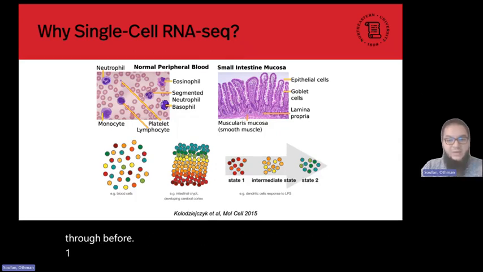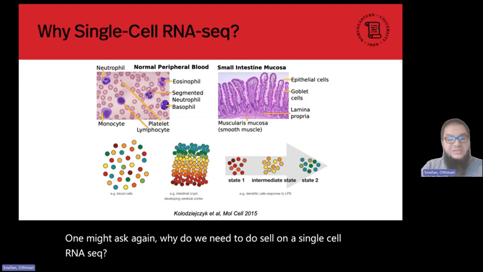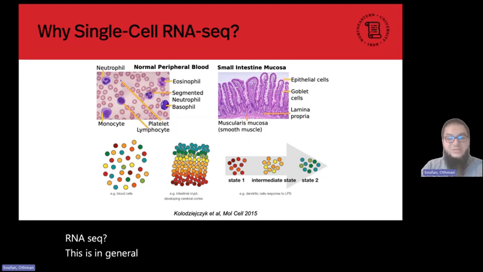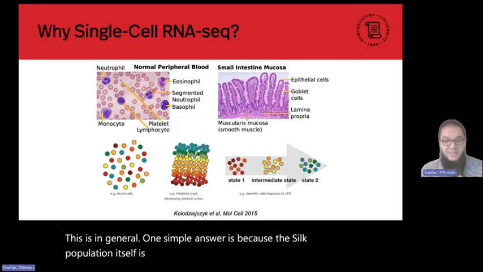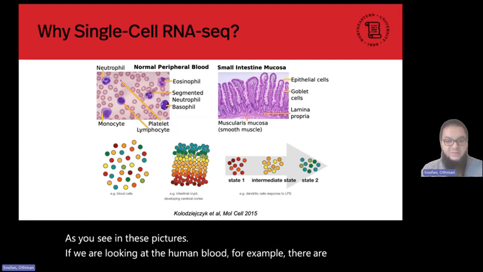One might ask again, why do we need to do single cell RNA-seq? In general, one simple answer is because the cell population itself is heterogeneous. As you see in these pictures, if we are looking at the human blood, for example, there are different cell types.